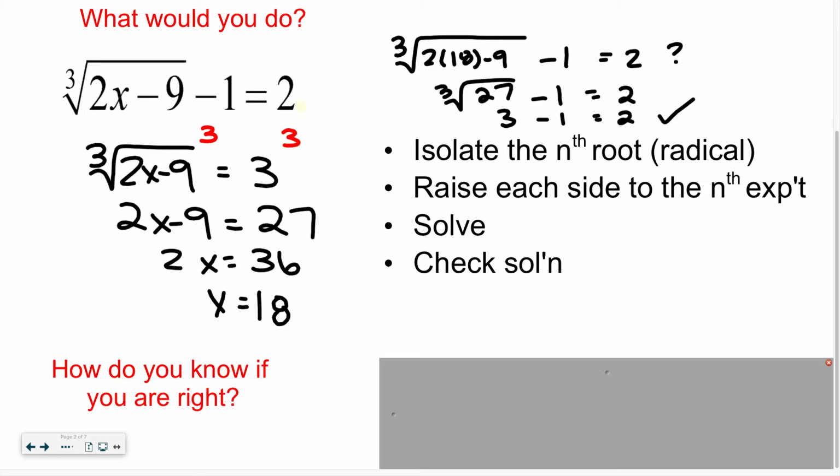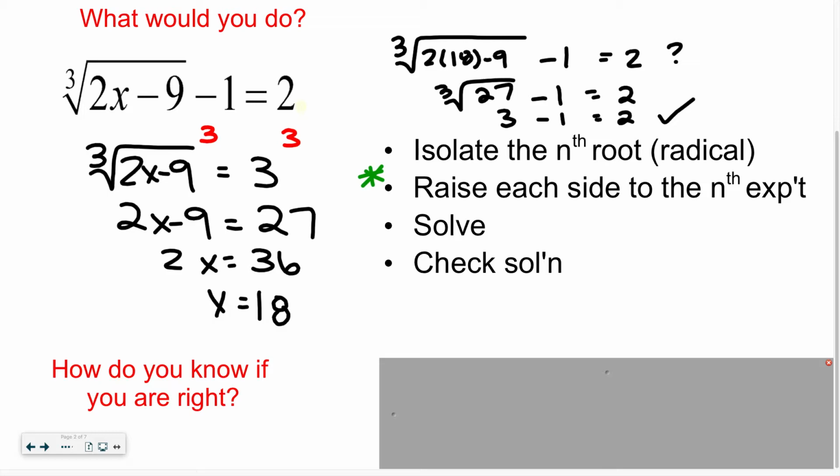Instead of nth rooting both sides, because one side already has an nth root, we had a cube root over here, do the inverse operation, which is raise each side to the nth exponent. So if you have an nth root, you need an nth exponent to get rid of it. Okay? And then solve like normal.